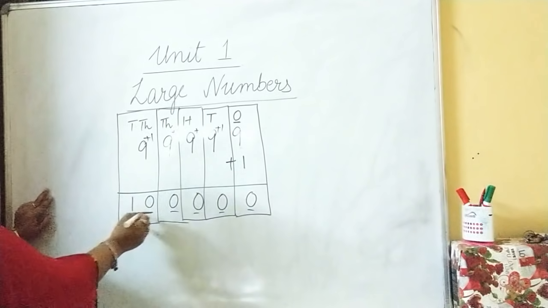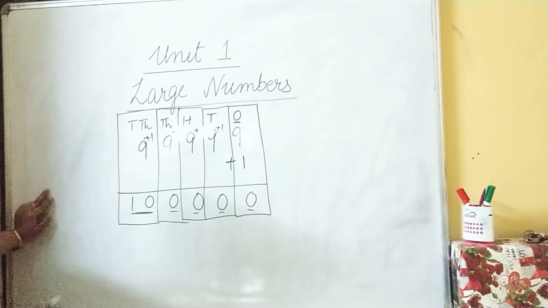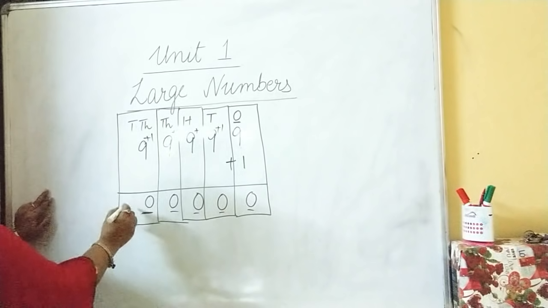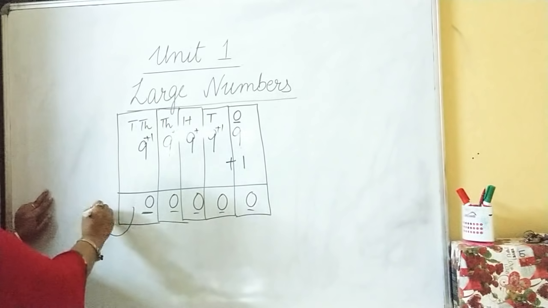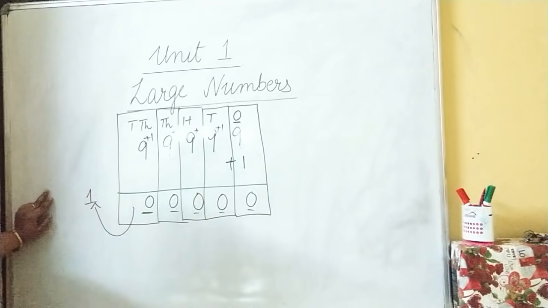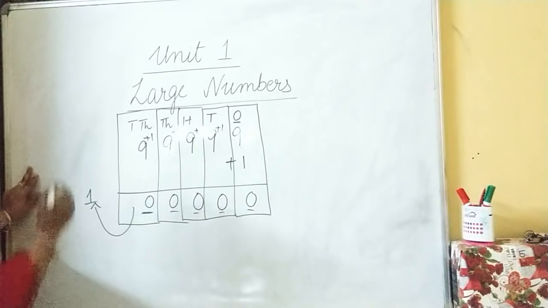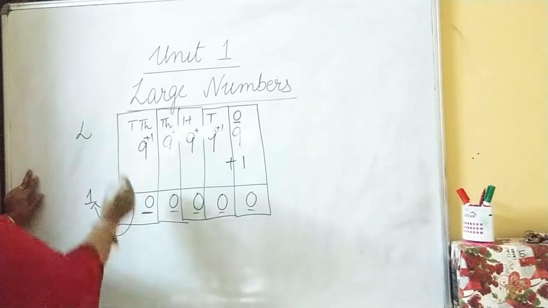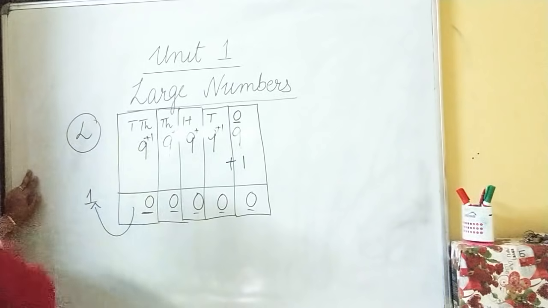Now what about this? Who is going to shift the place? The 0 remains over here and this 1 is shifted to another block, a new block under the heading of lakhs, right? So here comes one new heading, that is lakh.